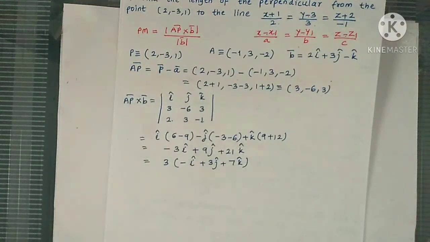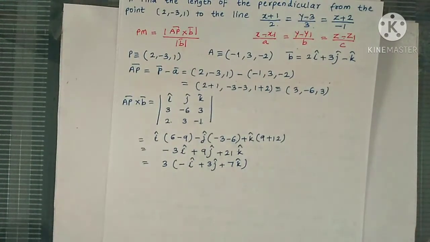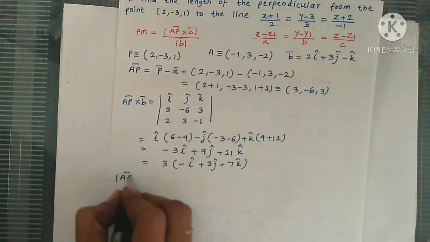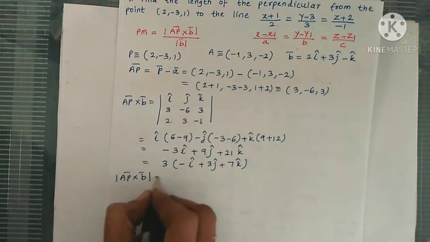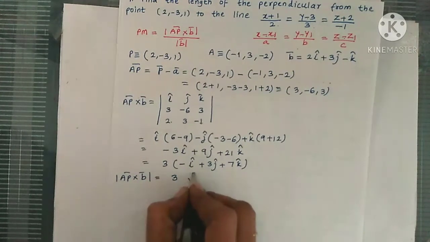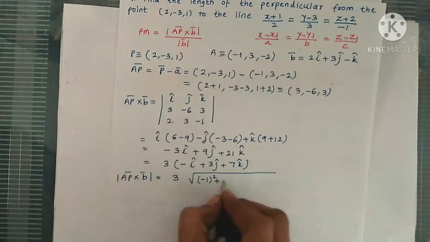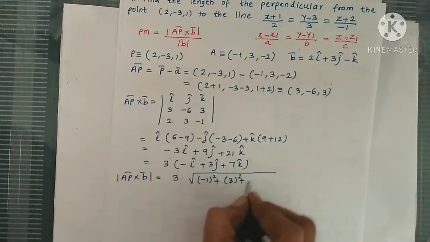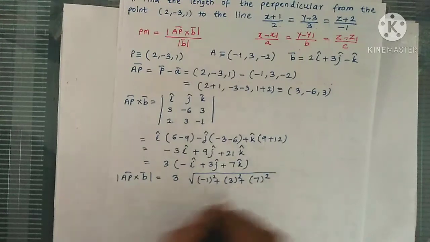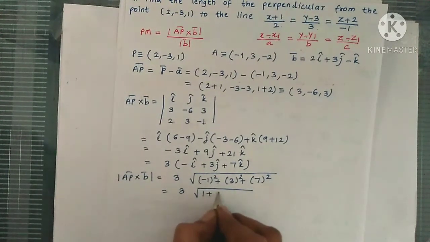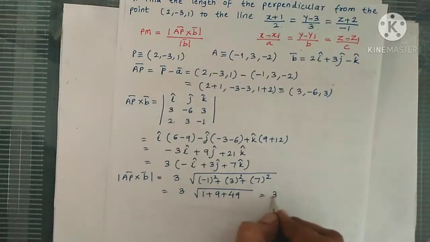Taking 3 common makes it easier to find the magnitude of AP bar cross b bar. So the magnitude is 3 square root of the coefficient of i square plus the coefficient of j square plus the coefficient of k square. So that is 3 root of 1 plus 9 plus 49, that is 3 root 59.